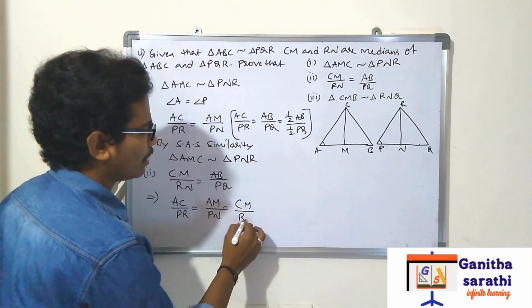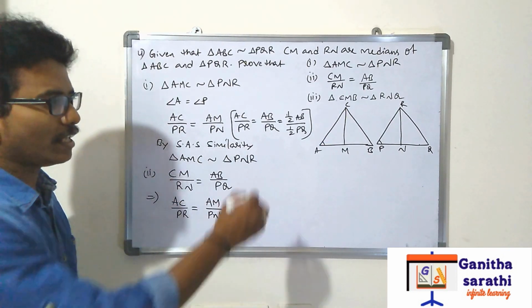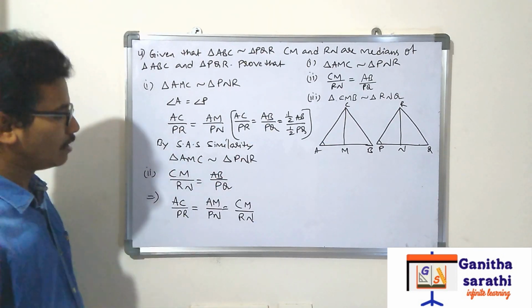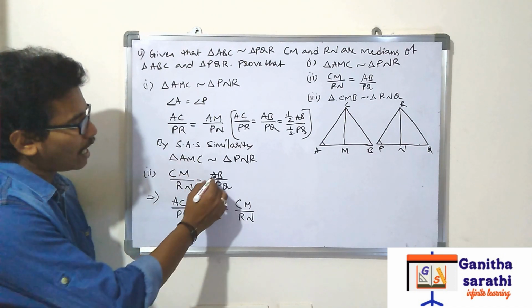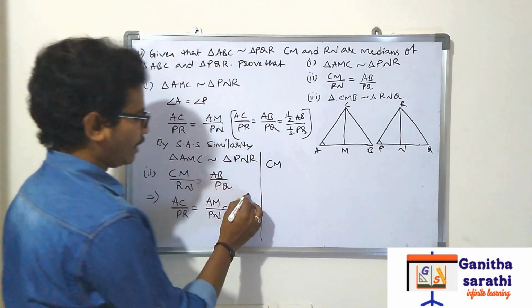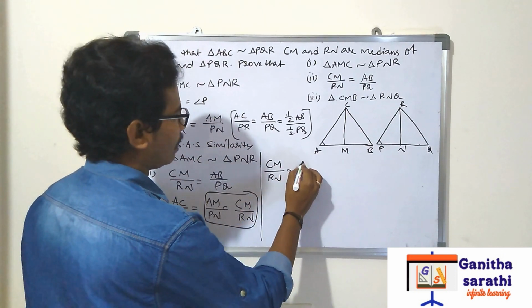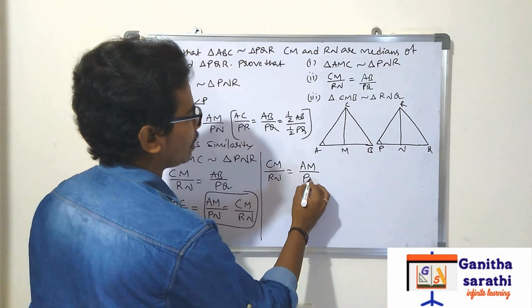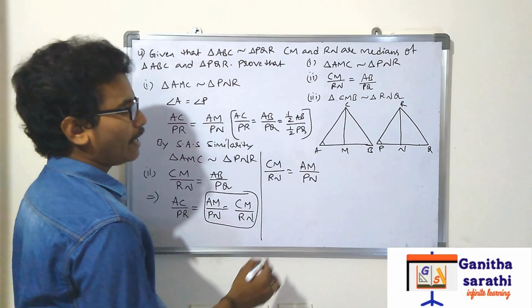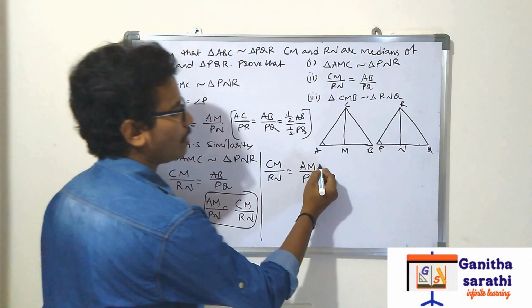The other corresponding proportion will be that only, CM by RN. Now we have to prove CM by RN is equal to AB by PQ. Take these two: CM by RN is equal to AM by PN. So multiply both numerator and denominator on the right hand side by 2.